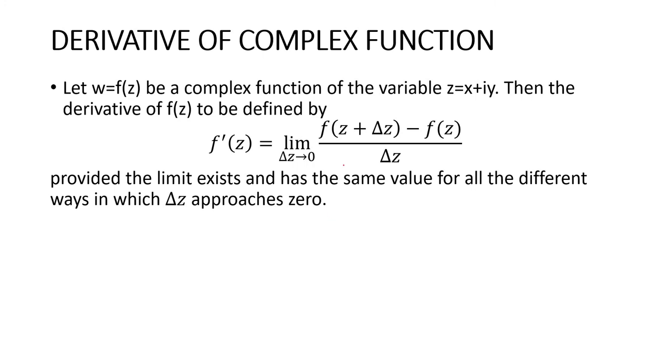If delta z approaches 0 in any possible path and the limit exists, then the limit is called the derivative of the function f of z.